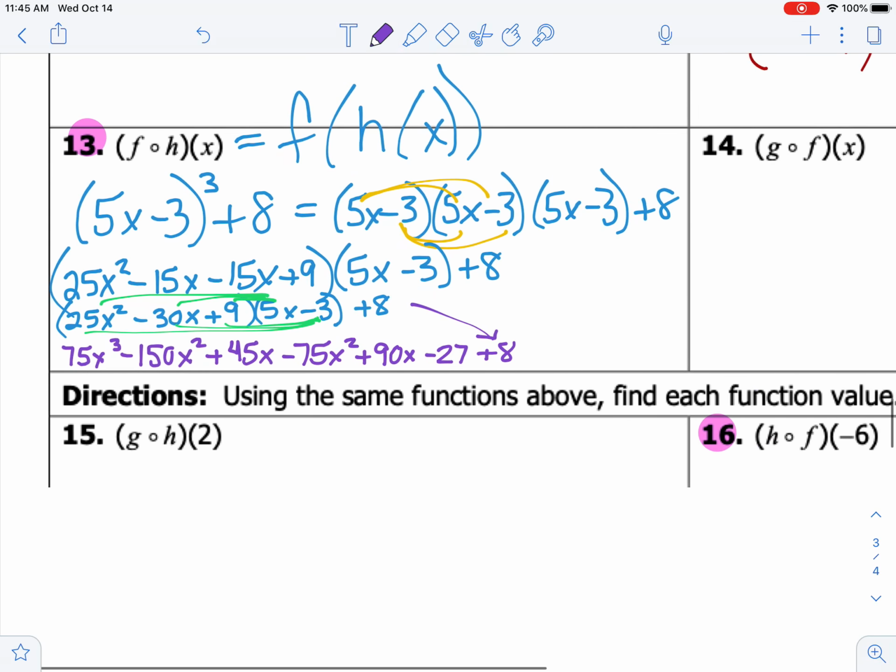I am almost out of space. Let's zoom out a little bit. So I have 75x to the third all by itself in the front. Then 150 and negative 75 would make 225.